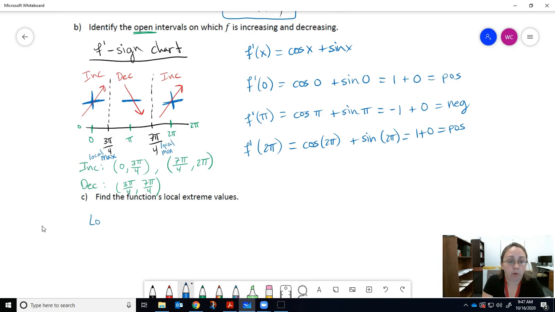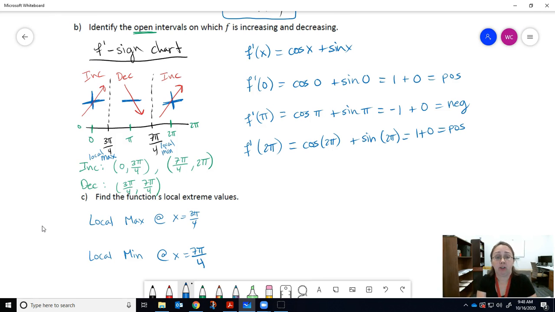So the actual extreme values, though, are not these values. The actual extreme values are the function values. This is where it happens. So we have a local max at x equals 3 pi over 4, and a local min at x equals 7 pi over 4. But you want the actual values that are achieved here. The actual values are always the y value.